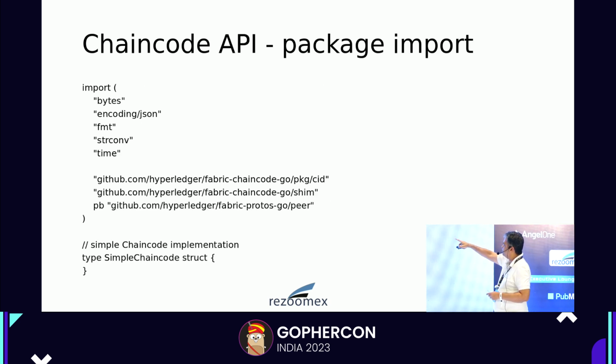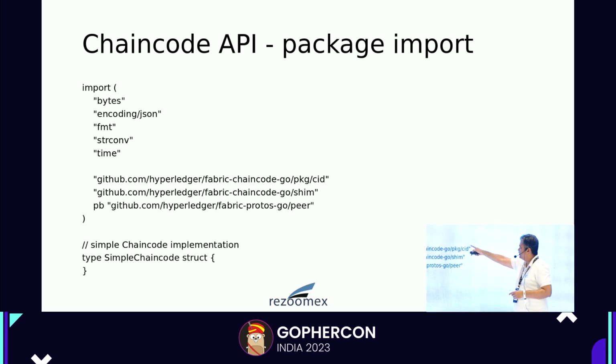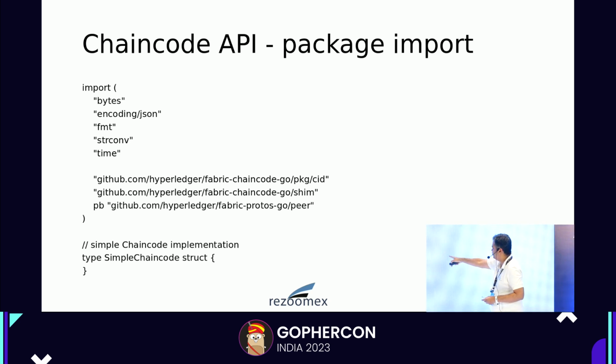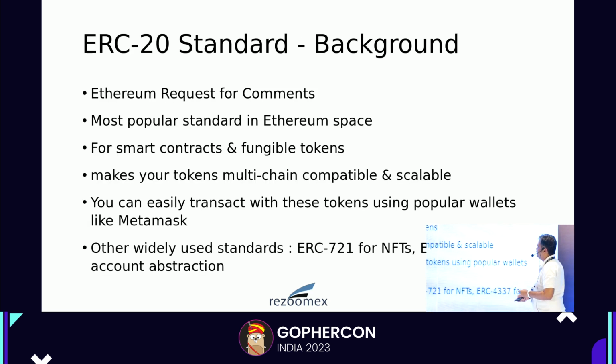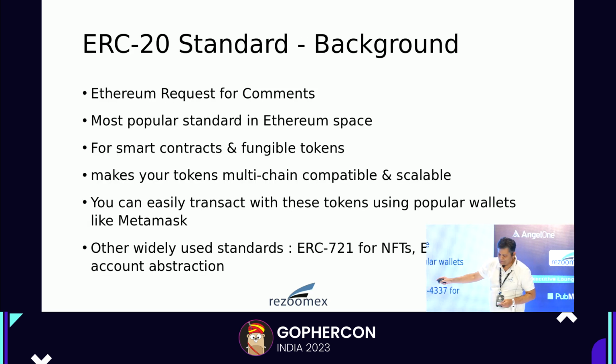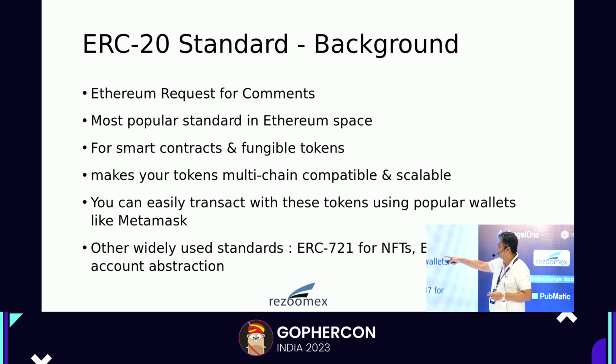When you are importing in the chain code, obviously these are the standard Golang provided libraries, but you also need these libraries which are not provided by default. So you have to import them from the Hyperledger repository. So this was briefly about Golang. Of course, I'll cover a little bit more also.